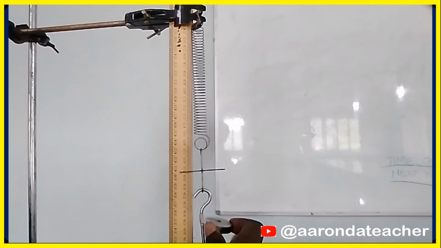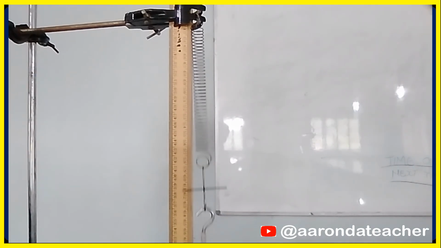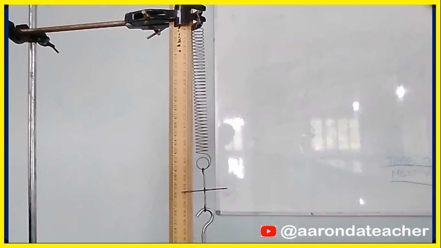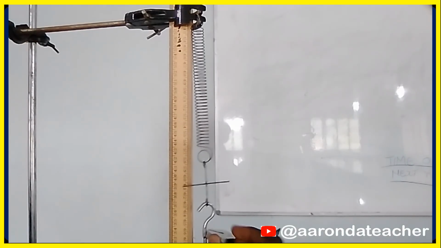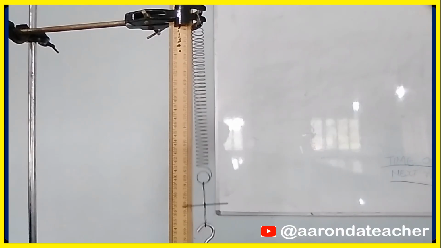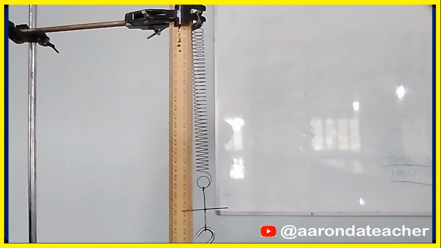Then I put on the fifth mass. It is at 61.5. And then lastly, the sixth mass, giving us a total of 300 grams, which is 0.3 kilogram, and at this point it is giving the new position of 63.6.